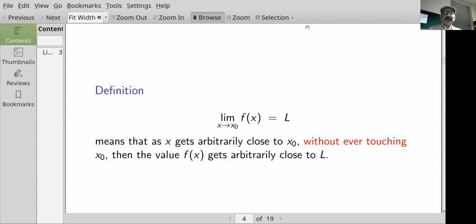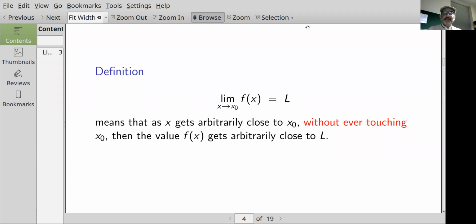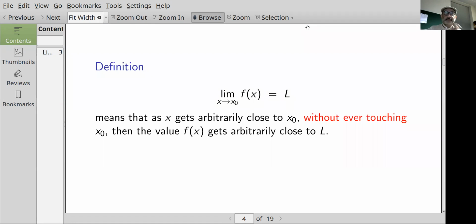So this notation here means, and this is the way you read it, the limit as x goes to x naught of f of x is equal to L. So f is some function. It takes an input x and produces some output, which is not necessarily L. Okay.